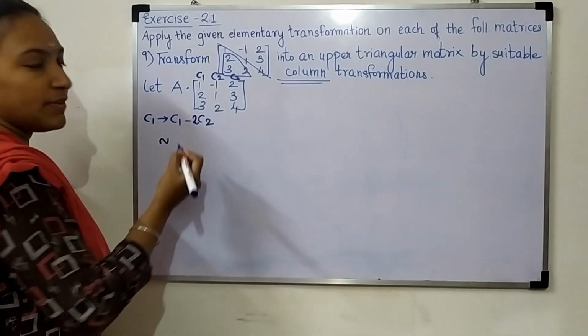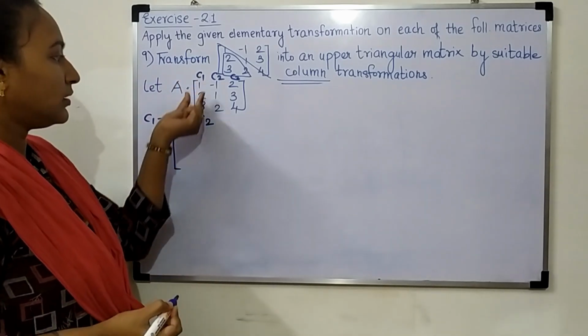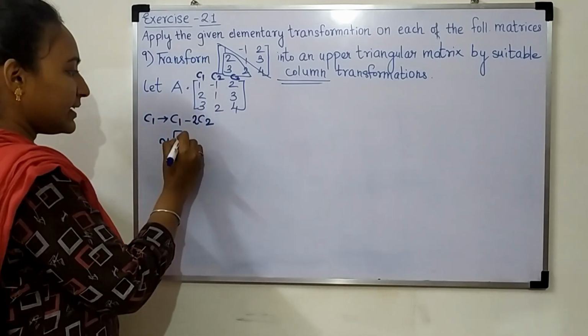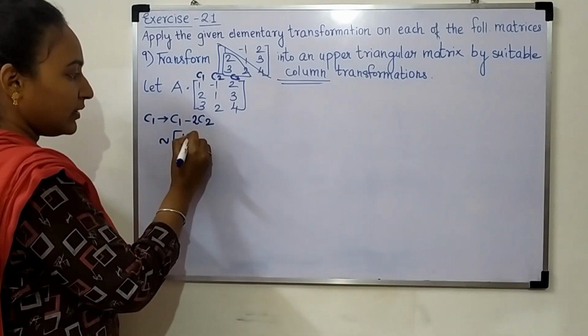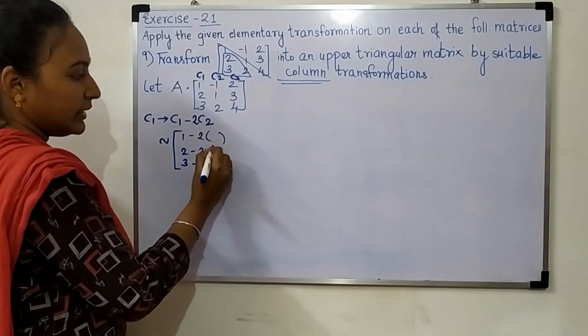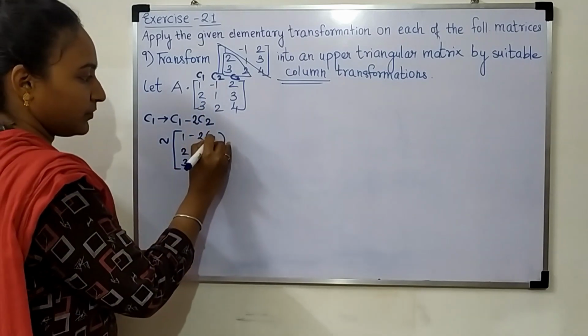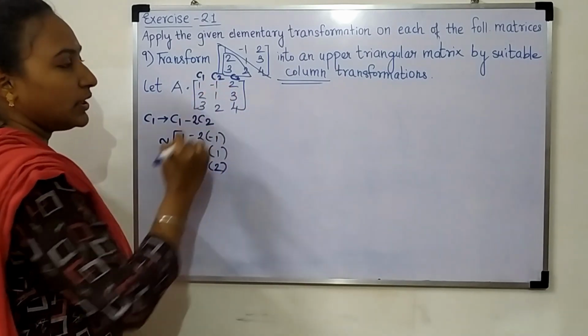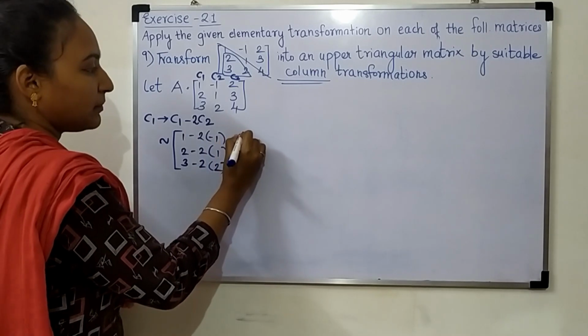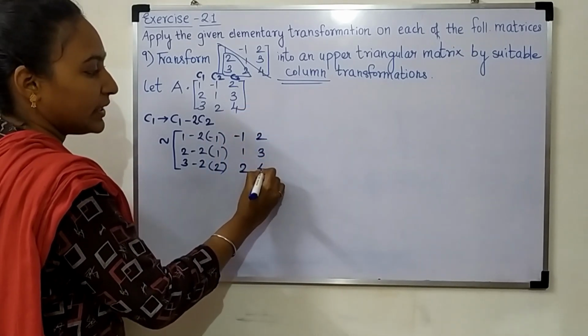So this is equivalent to: copy C1 as it is, 1, 2, 3, put minus, put 2, then write your C2 over here, that is minus 1, 1, 2. Now copy your C2, minus 1, 1, 2, and C3, 2, 3 and 4.